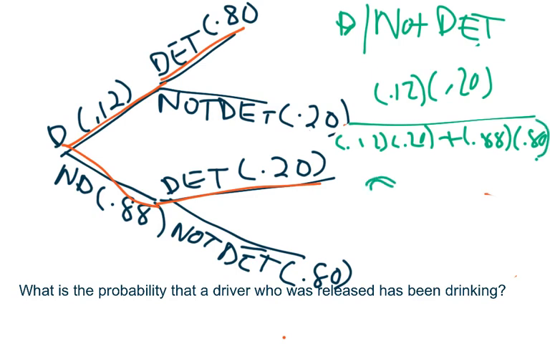This works out to be 0.033, or about 3.3%.